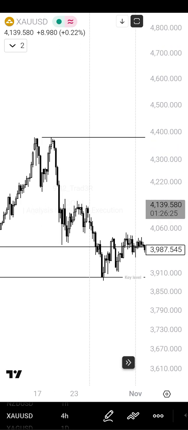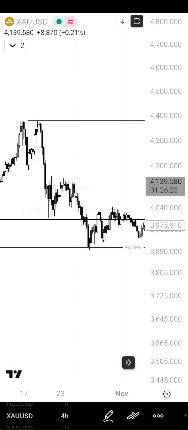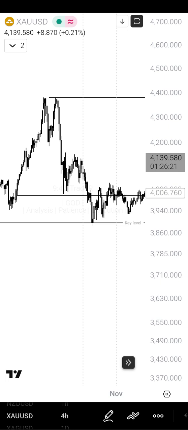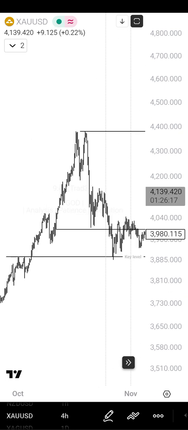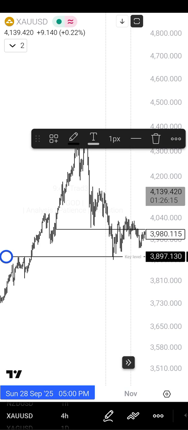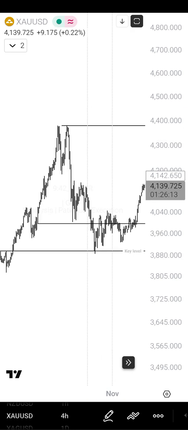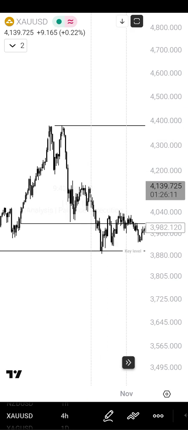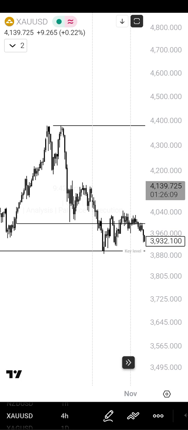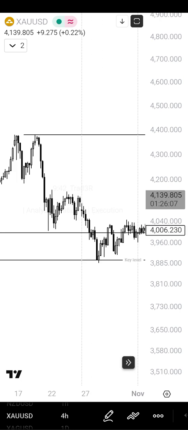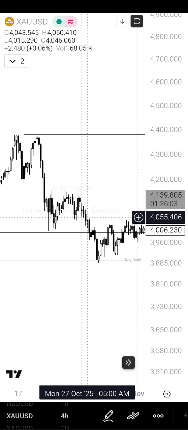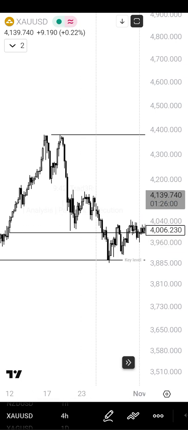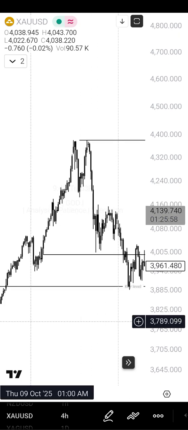So with manipulation, you first want to mark out your key level on the higher time frame, which you saw me mark on the weekly chart, the fair value gap. Then you want to see price open and dump below a previous liquidity pool. Are you seeing these old lows here?